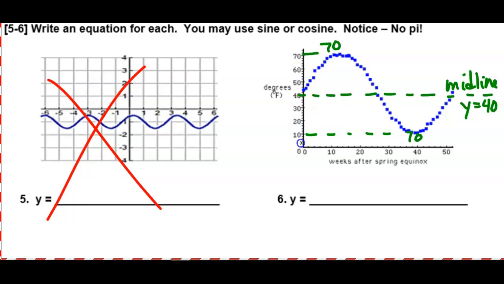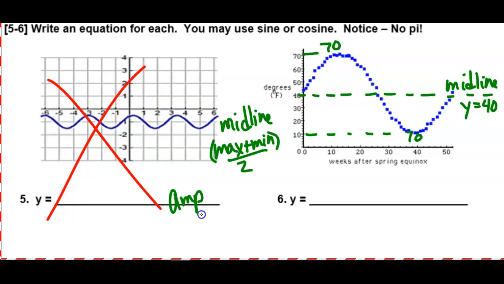If you take 70 and 10, that's 80. You add it together, divide by 2, you get the midline. Okay? The midline is max plus min divided by 2. It's the average. The amplitude is how far above and below that it's going. So it's actually max minus min divided by 2.